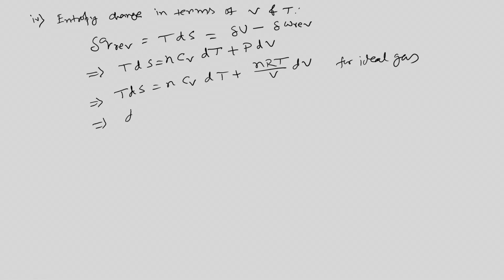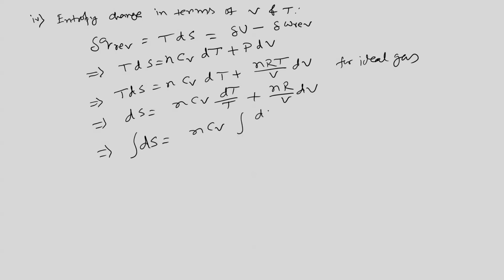So, we can write dS is n Cv dT by T plus nR by V dV, and if we do the integration, we get temperature goes from T1 to T2 plus nR dV by V, volume goes from V1 to V2, and entropy goes from S1 to S2.